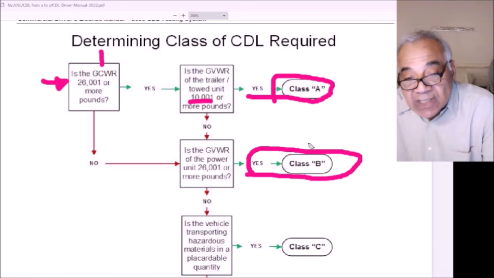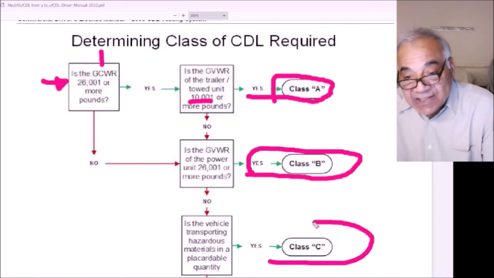Now, if the gross is under 26,000, that is a specialized vehicle, either passenger or hazmat, that requires Class C.